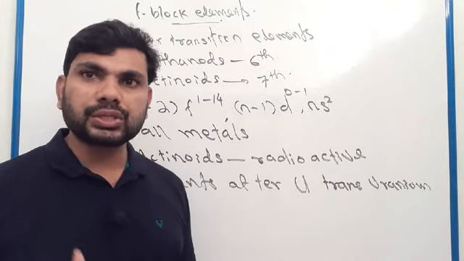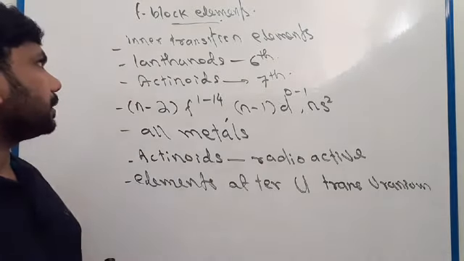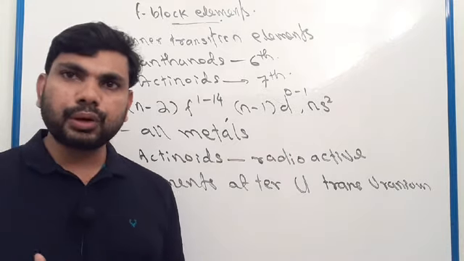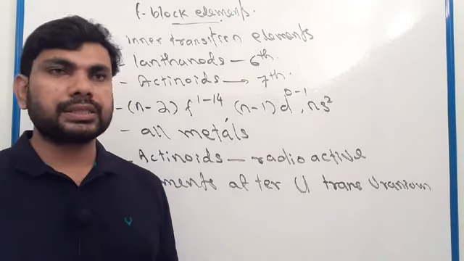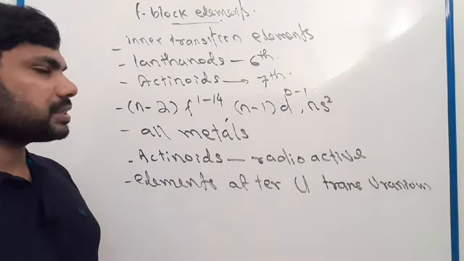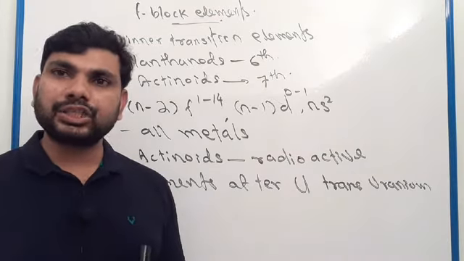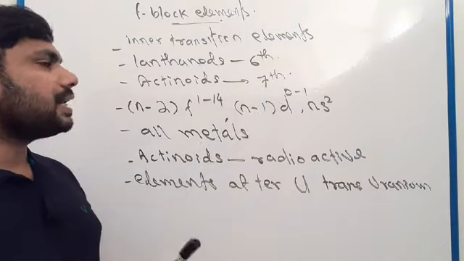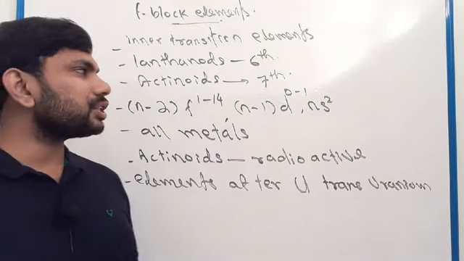D block elements are transition elements, F block elements are inner transition elements. Also, F block elements consist of lanthanoids and actinoids. Sixth period elements are lanthanoids, seventh period elements are actinoids.